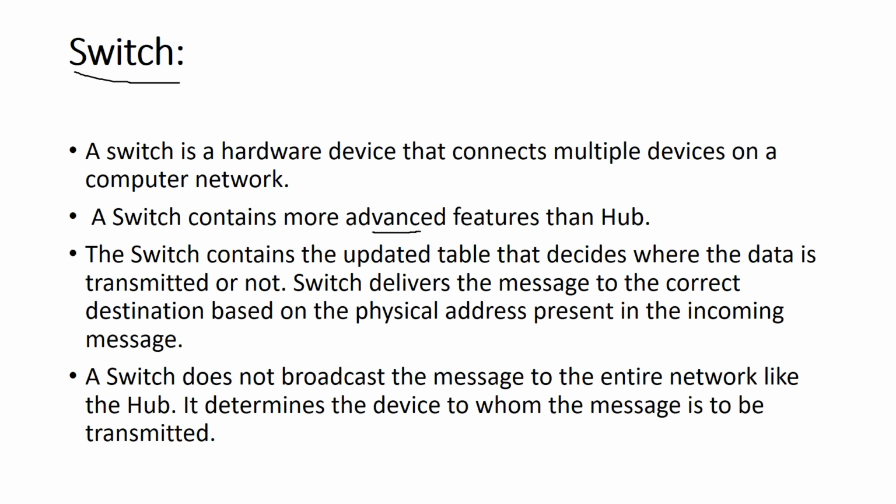A switch contains an updated table that decides where the data is transmitted. It delivers the message to the correct destination based on the physical address present in the incoming message. A switch does not broadcast the message to the entire network like a hub, but it determines the device to whom the message is to be transmitted. So you can see its features are more advanced than those of a hub.